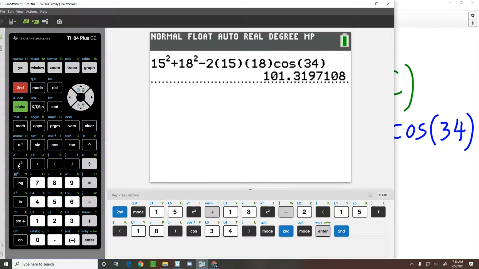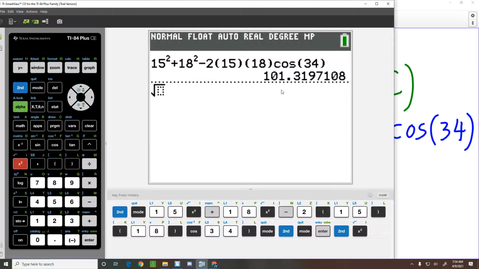So I can hit second square root, which puts the square root symbol. By the way, everybody, on these graphing calculators, if I type in 101, it won't be as close of an answer. It's rounding off a little bit. The more decimals you use, the more accurate your answer will be. But instead of typing every little number, here's a really cool shortcut.